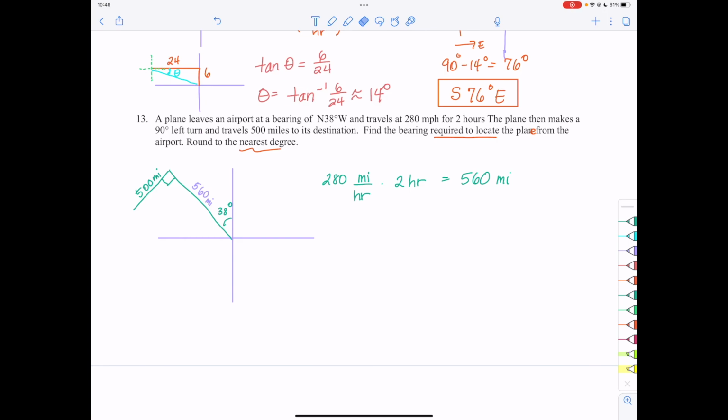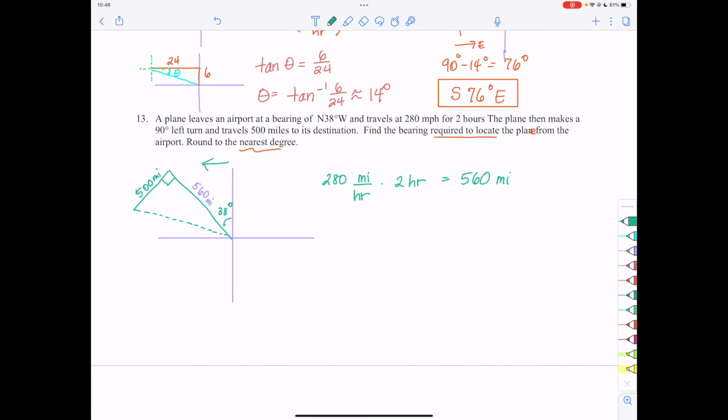So in order to do that, we will be looking for the angle we need going west of north. So we need to know what this angle is going west of north.